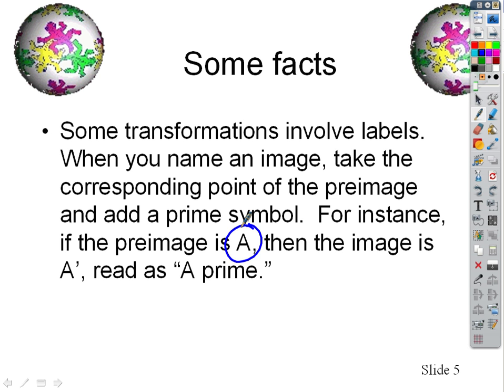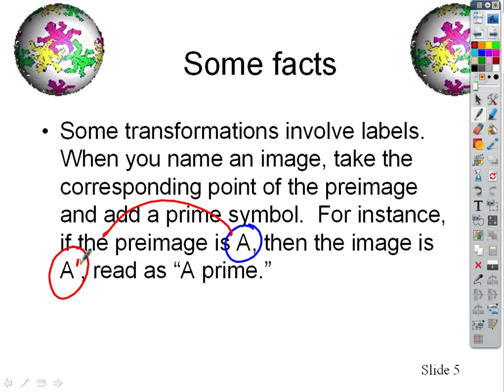For example, point A, let's say, is a vertex on the triangle that we're transforming. After we transform it, the pre-image is A, and the image we're going to write as A prime. We're going to put a little tick mark right here.